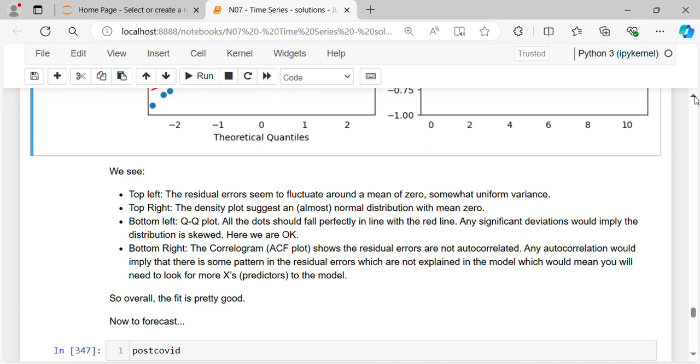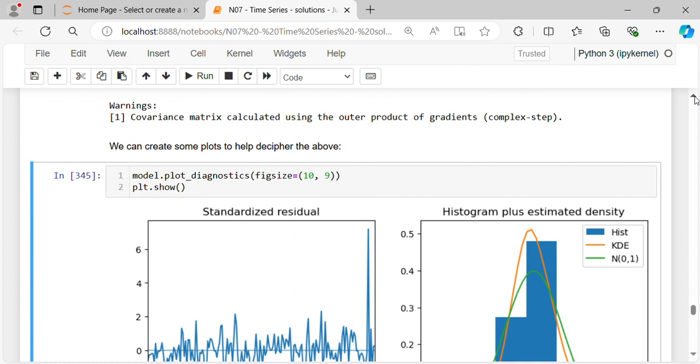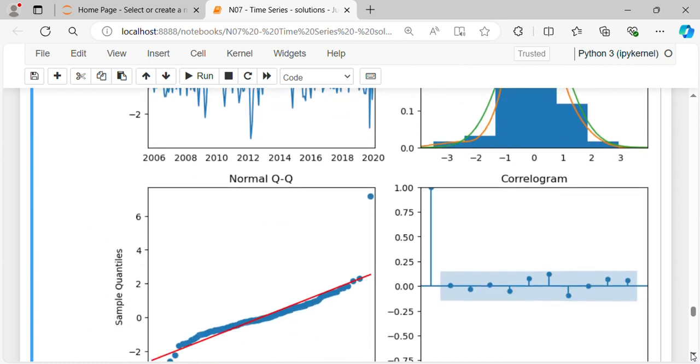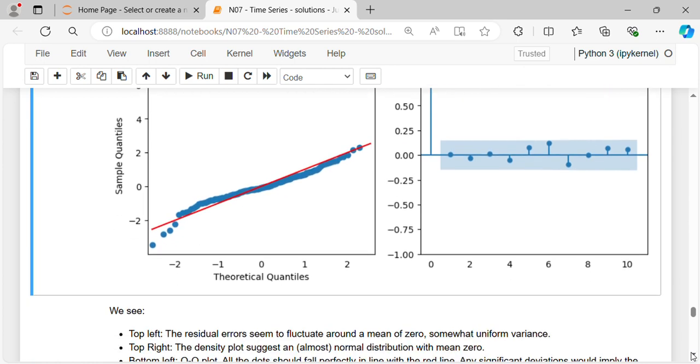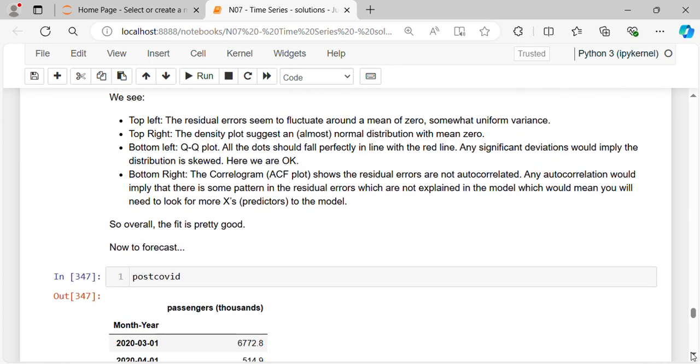So overall the fit is pretty good. Now to forecast, we will look at the forecast in the next lab.